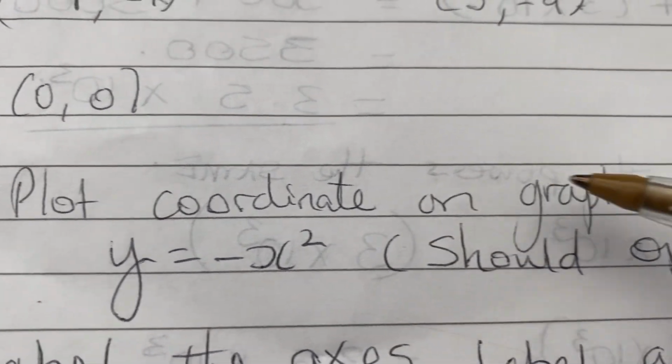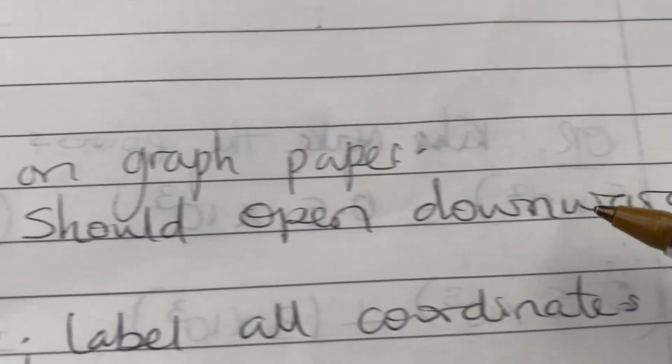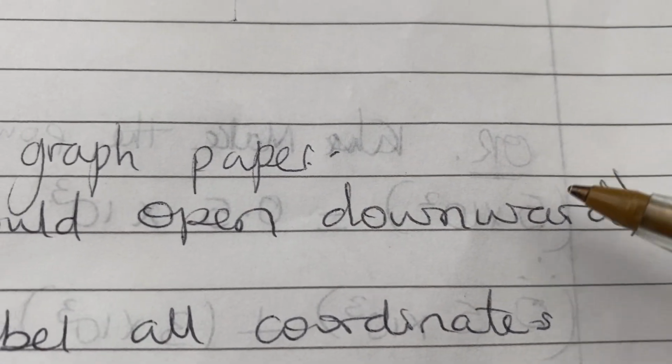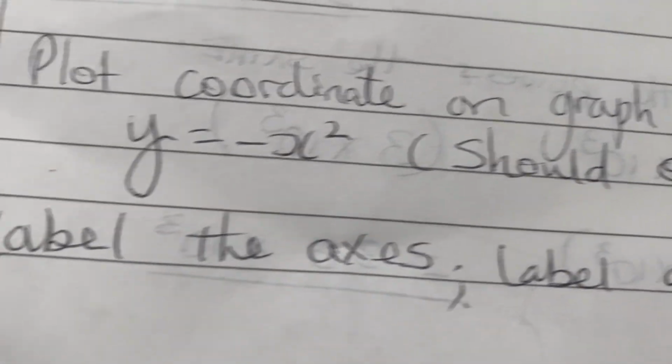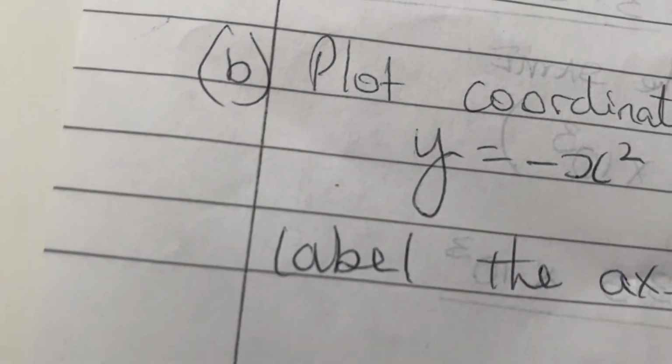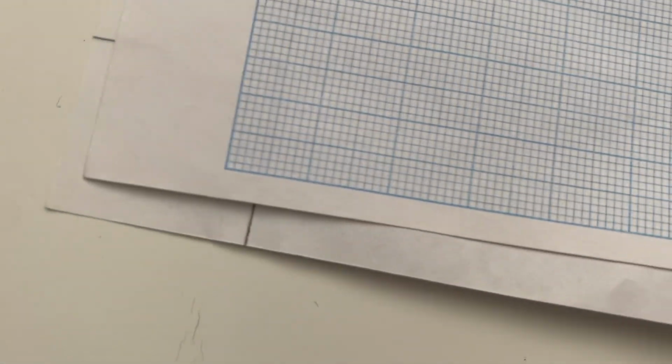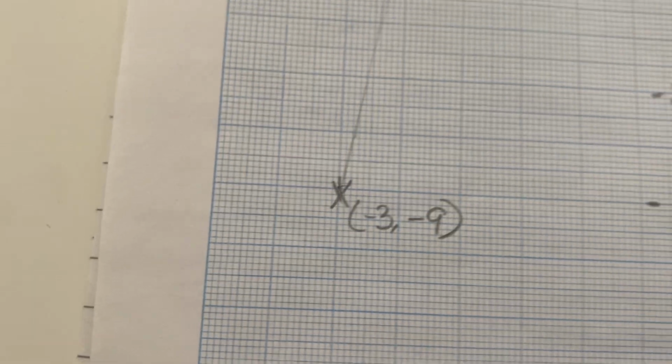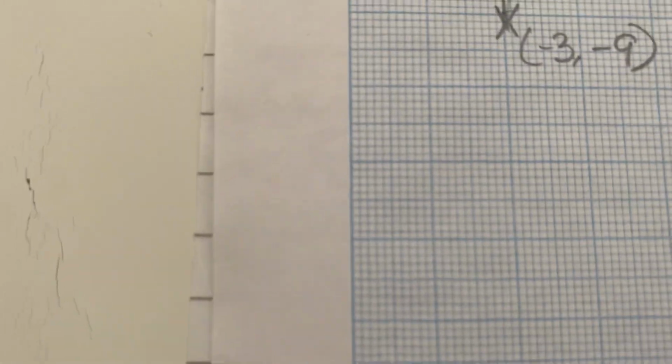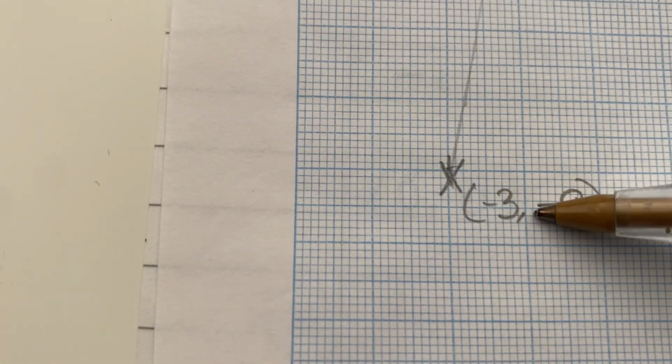Now, we are going to plot the coordinates, and we'll find out that it opens downwards, which I've done. So for our learning again, I decided to plot the graph. From -3, we got -9.